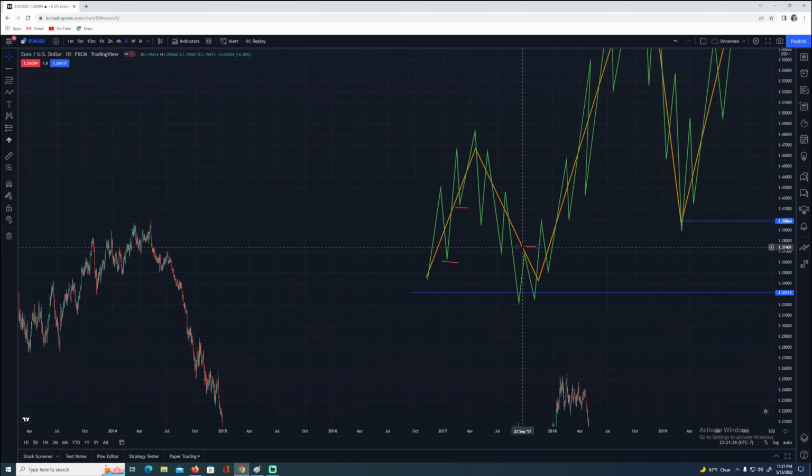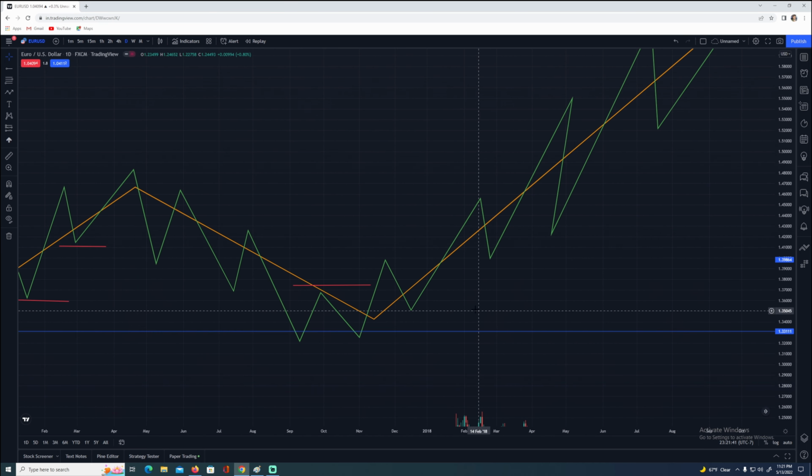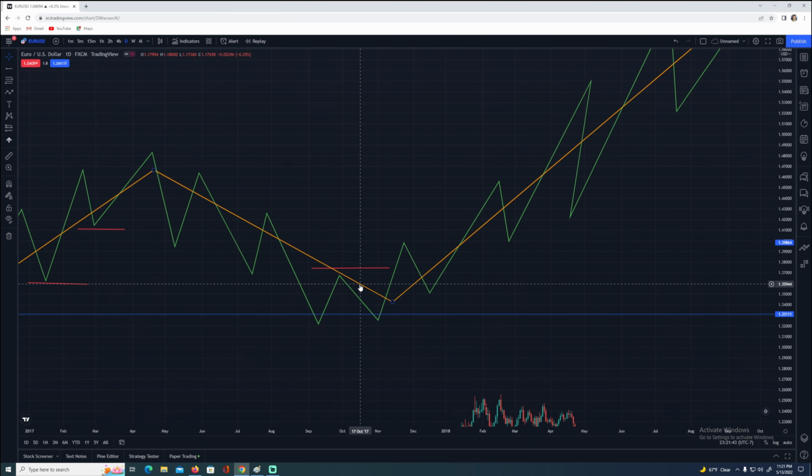If we zoom in, right? If we zoom in a lot, the same thing that's happening on the big run is happening over here. A breaker structure that comes back into the last demand block, right? To mitigate those orders and continue the run.